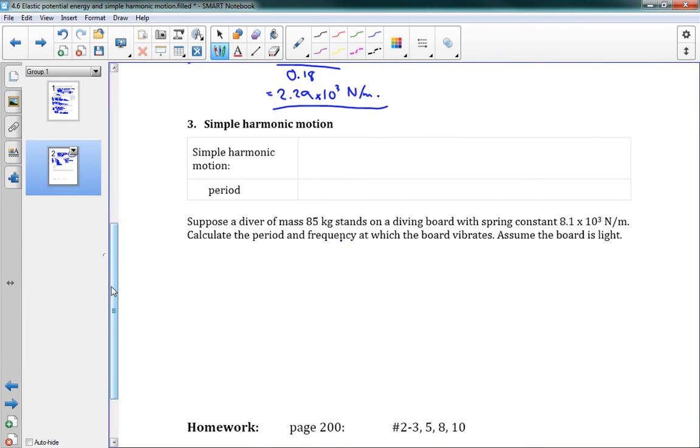So we'll just pop down to the bottom of this page here, talk about this idea of simple harmonic motion. So simple harmonic motion is periodic, which means back and forth motion in which acceleration is proportional to displacement.